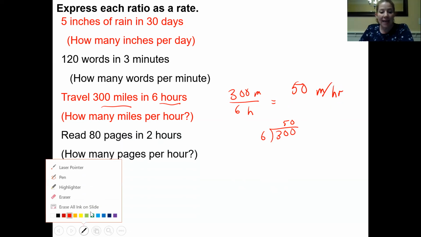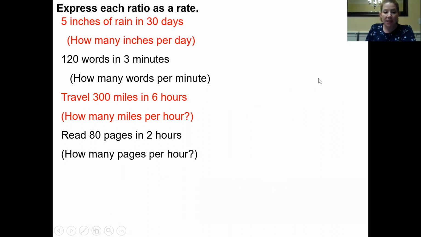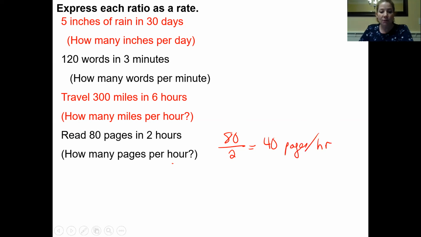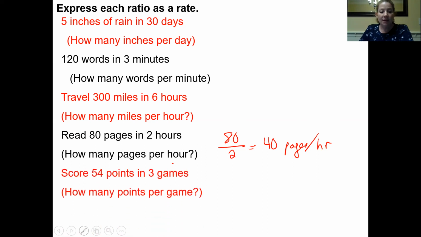What about if I read 80 pages in 2 hours? How many pages per hour? 80 pages in 2 hours. 80 divided by 2 is 40 pages per hour. That's my unit rate. All right, I hope you guys are doing these. I hope you've already done them and you're checking your answer.